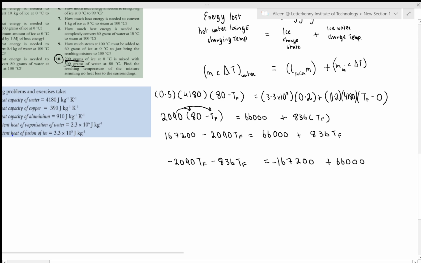So I'm just bringing my final temperatures to one side and my other values to the other side. Grouping together my like terms, I now have minus 2,926 times my final temperature is equal to 167,200.